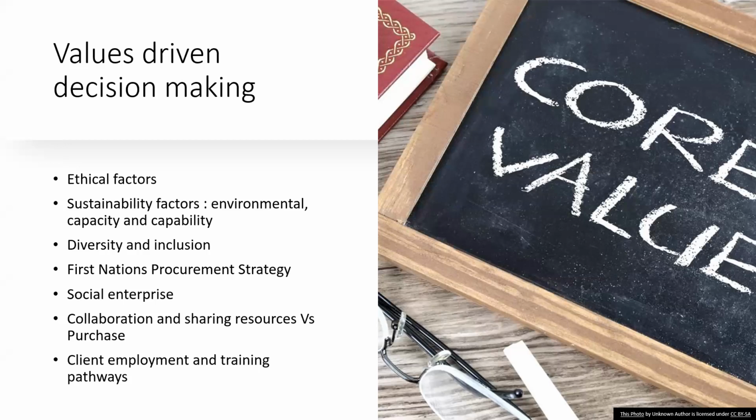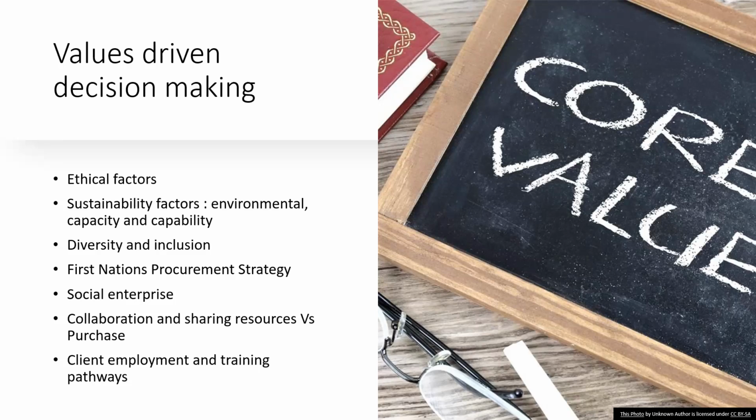Think about social enterprise projects in your local community that are community driven, which you might be able to purchase through. Think about collaboration and sharing resources versus purchasing. Have a look at what some of your colleagues in the sector are doing and see if you can achieve economy of scale by purchasing together.